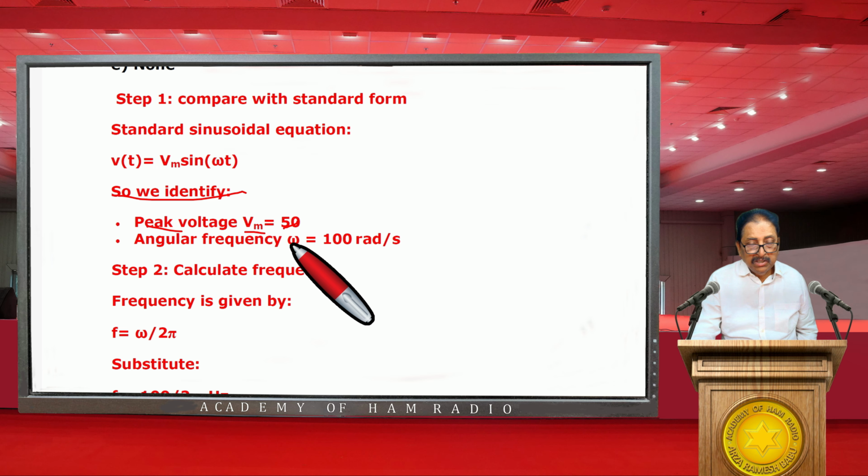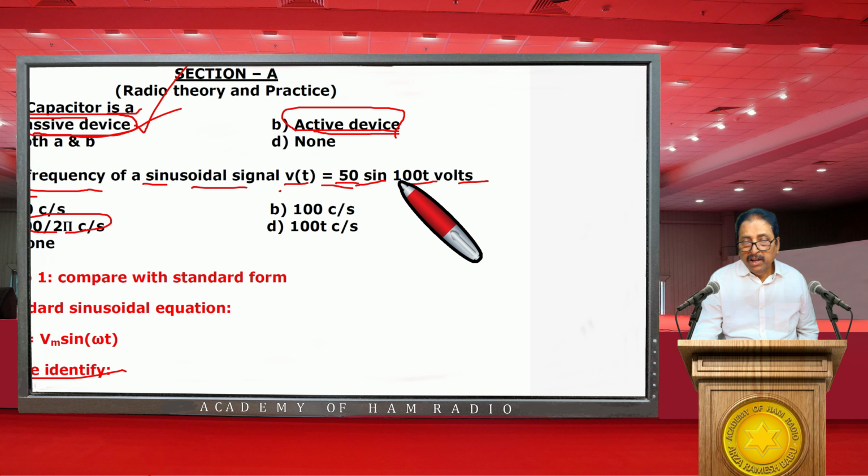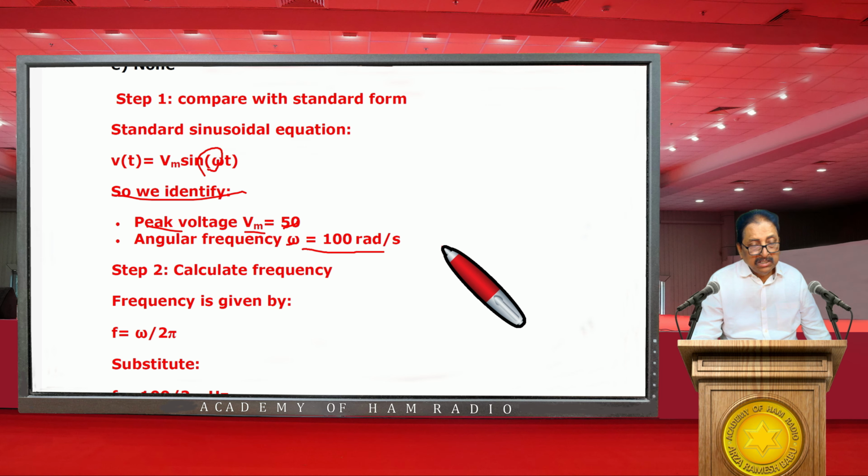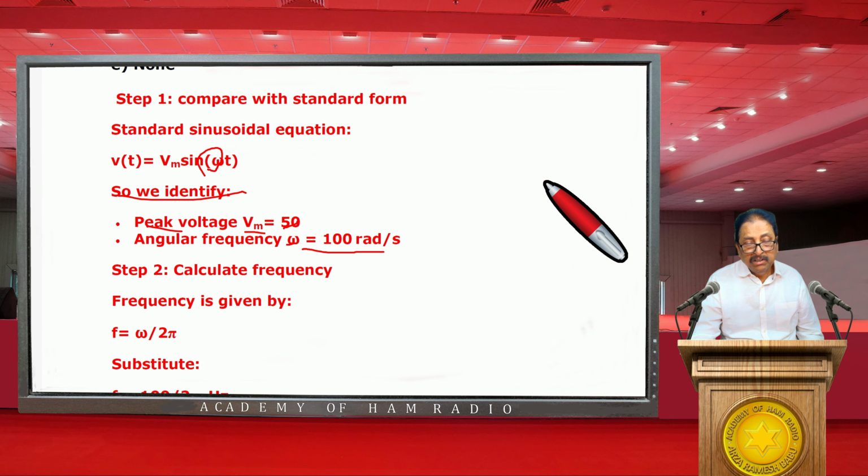Angular frequency omega is equal to 100 radians per second, because 100t in this formula is nothing but omega. Now calculate the frequency.